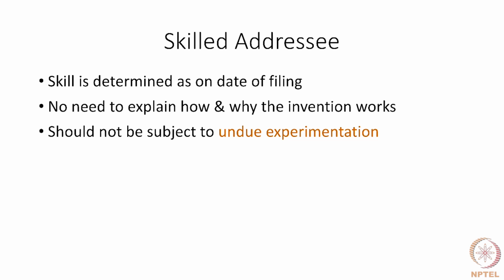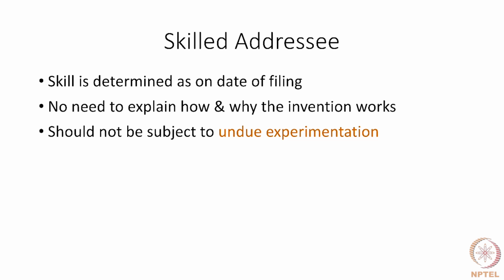You can assume quite a lot of knowledge because it is addressed to a person who already has that skill. But nevertheless, you should ensure that the description that you give is self-sufficient, and there is no need for the skilled person to participate in undue experimentation.